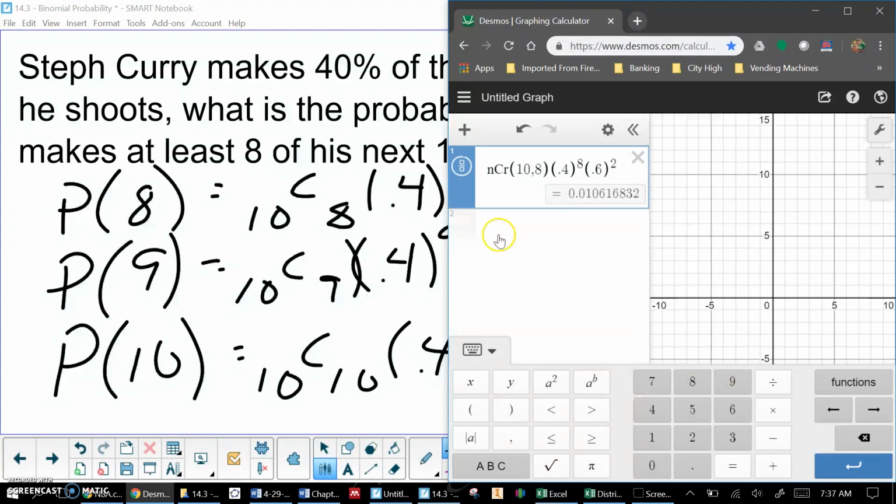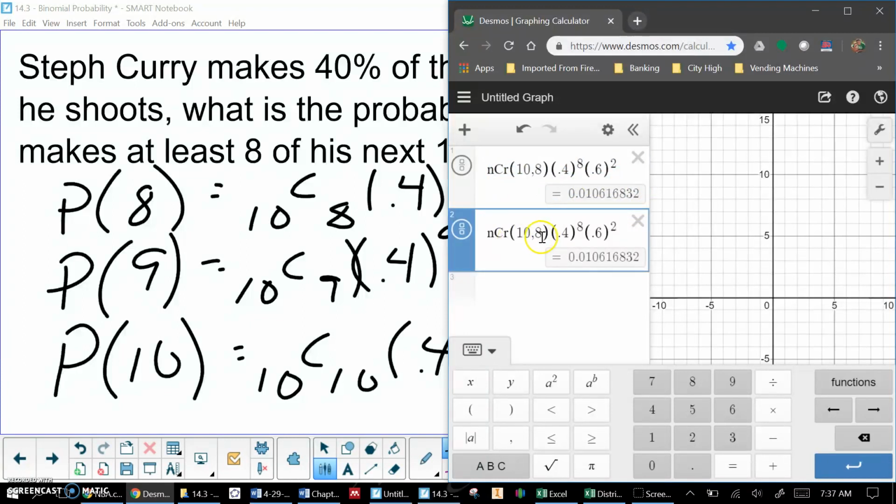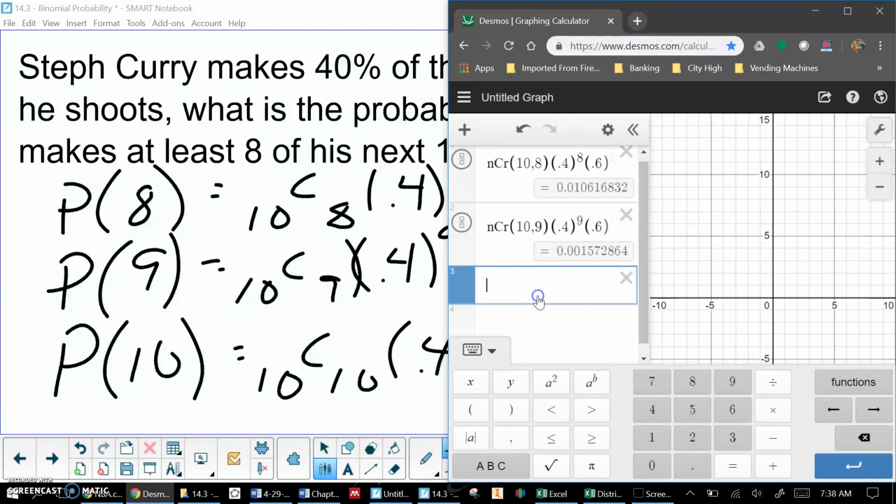So right away, the probability that he makes 8 out of 10 is only about 1%. So we're assuming this is not going to be very high. And the probabilities for each of these going up is going to be lower. So the probability of getting 9, we're down to 0.015%, so basically 0.2%.